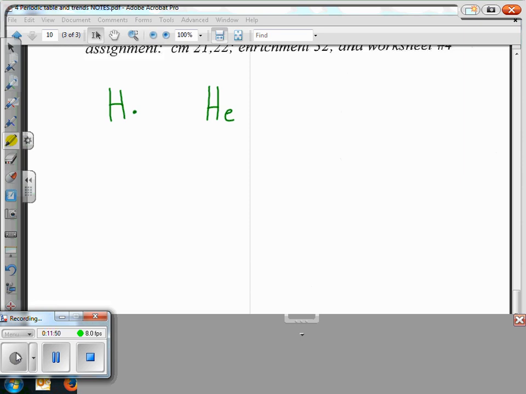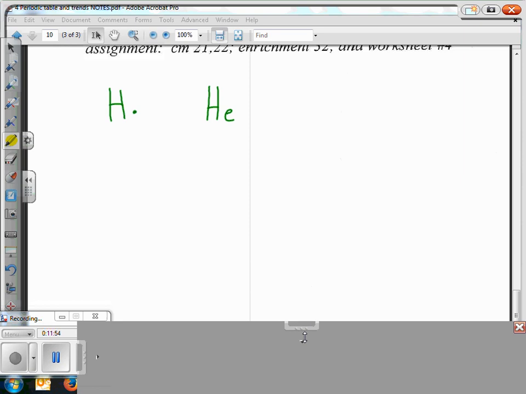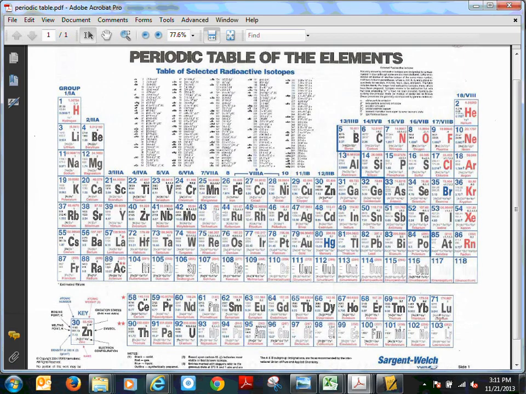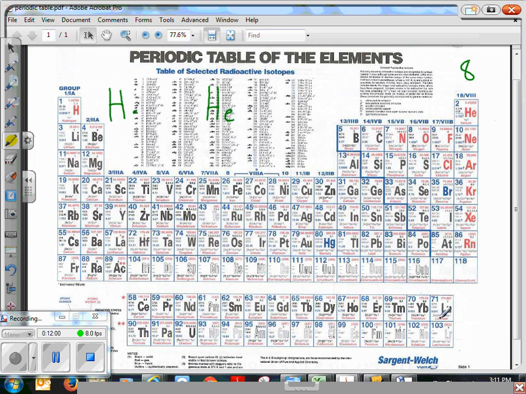Okay, this is a trick question, because if you look at the periodic table, you will see that helium is over here in group 8 or 18 or 8A or 18A, depending on your periodic chart. So you want to say that it has 8, right, according to what we said? The problem is helium only has how many electrons? 2!